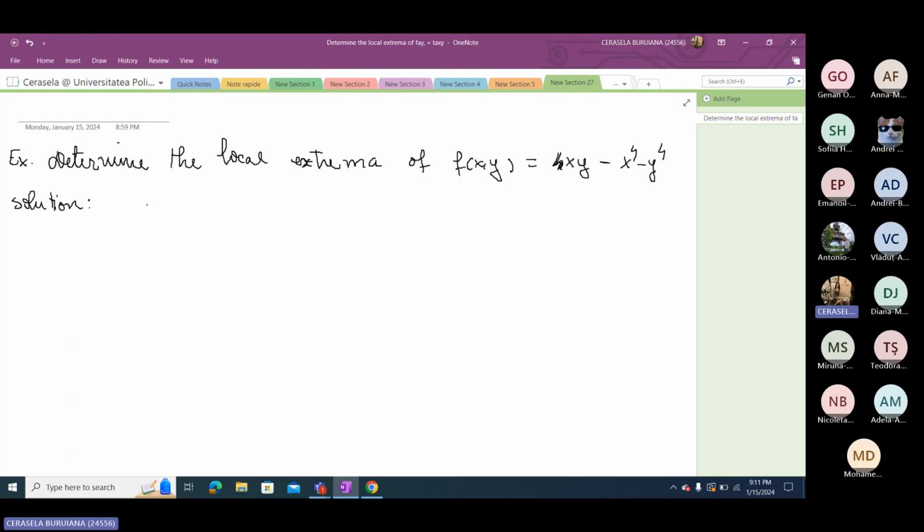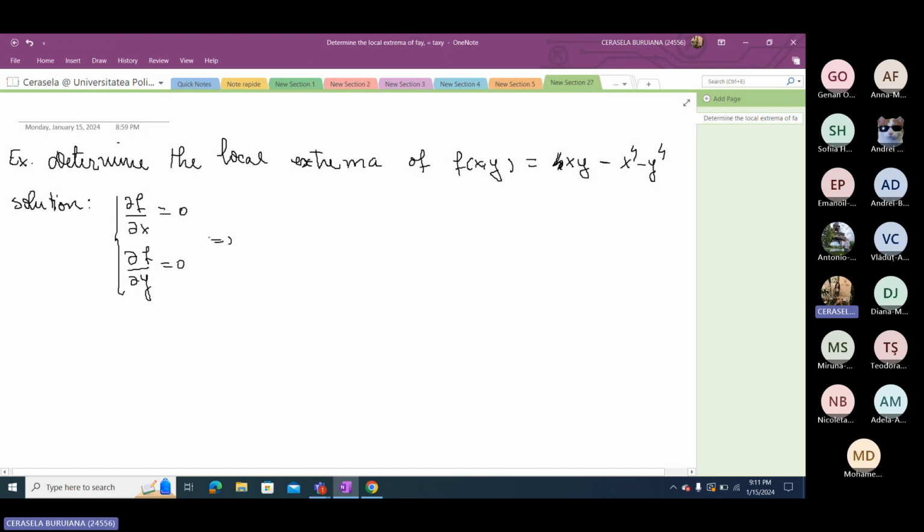together one more time. All right, so I put a condition that the partial derivatives of first order are all 0.